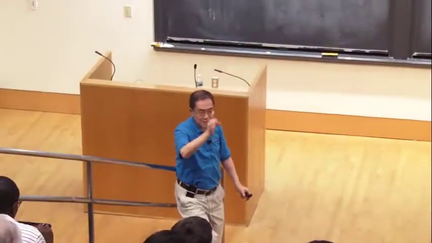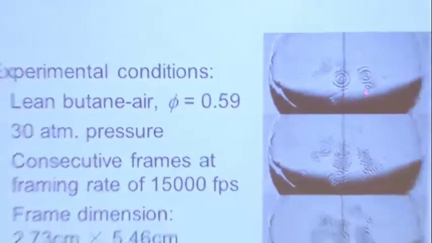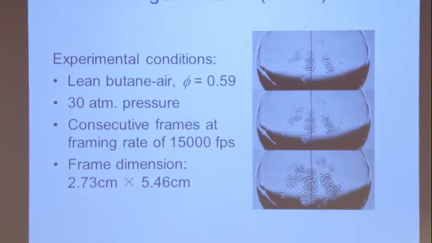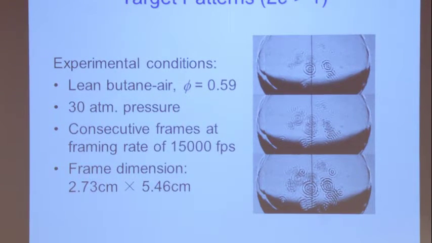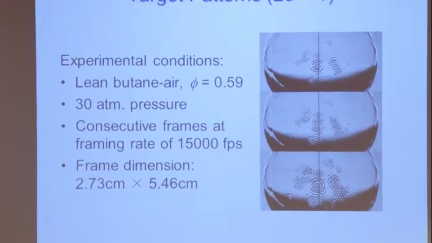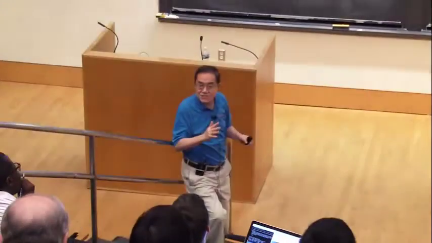When you have a flame there, you see this kind of thing come out, and it comes out real fast. The frame rate is 15,000 frames per second. Within each frame, you get these guys appearing on your flame surface. I don't know what the practical use of this is.